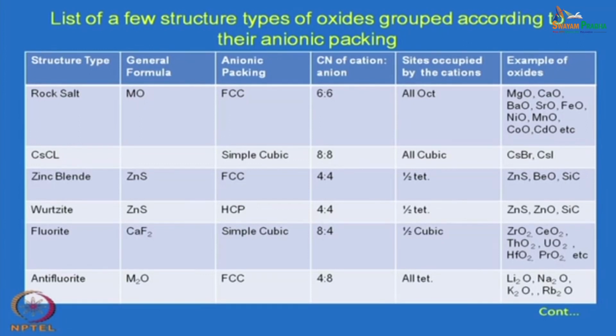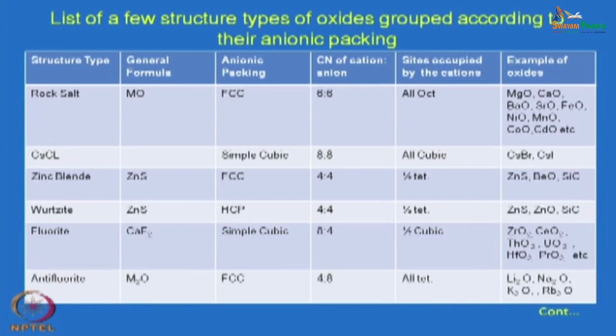In the rock salt structure or sodium chloride structure, as we discussed earlier, the basic anionic packing is a close packed structure of FCC, that is face centered cubic or cubic close packed structure.